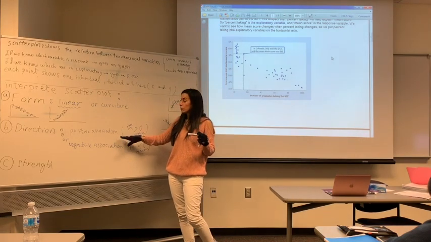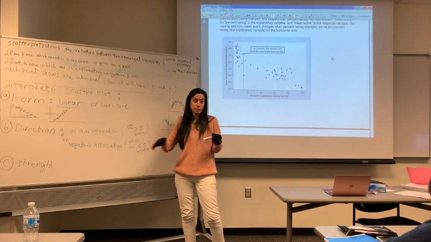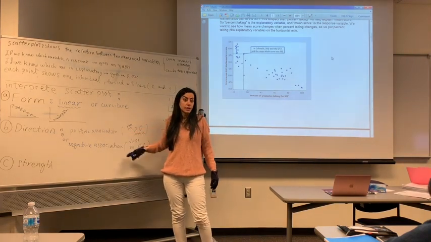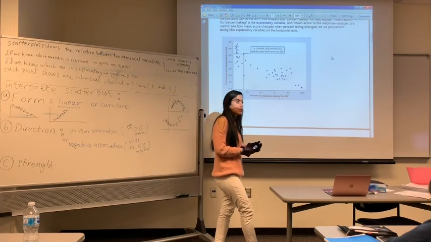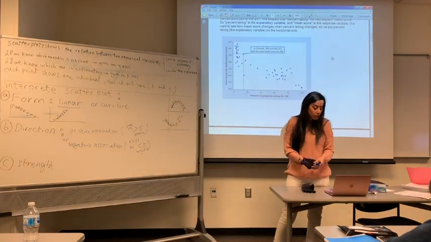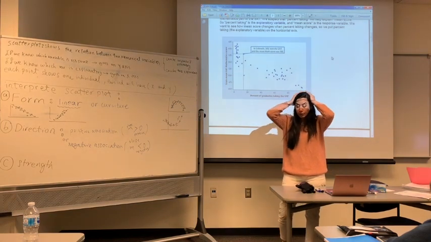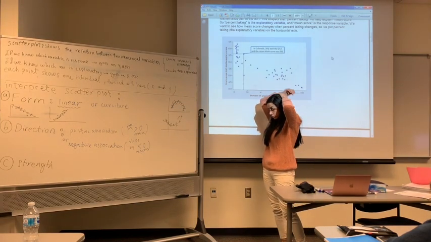There is a lot more about direction of a scatter plot. We can talk about positive association, about negative association. Okay? So let me talk about this kind of now before moving forward.